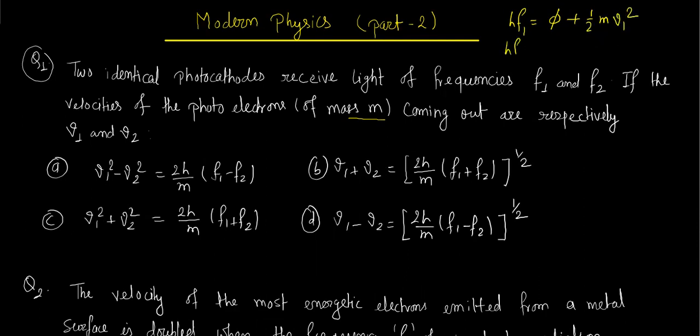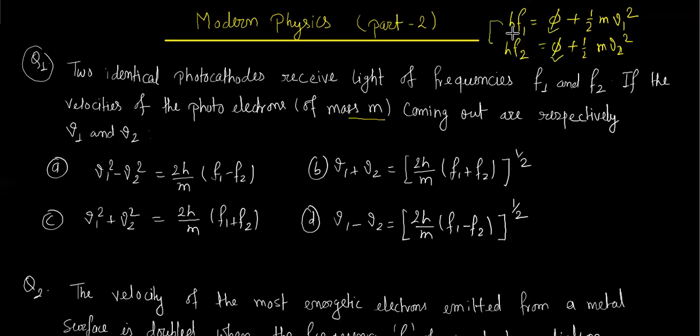For the second photon, the expression is hf2 equals phi plus half m v2 square. Here phi is the same because the metal or material surface is the same. That's why these two parameters are the same.